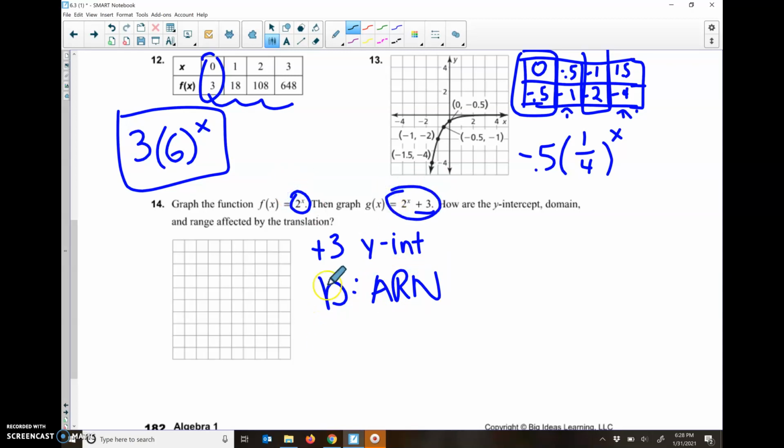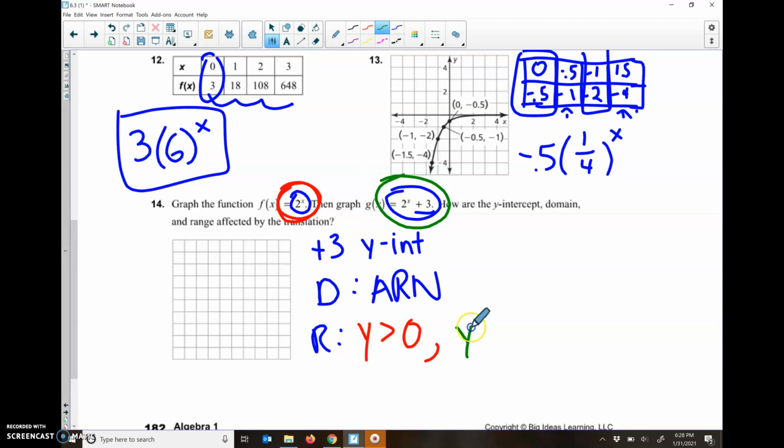The range does change, because this one has a plus 3. For this one, I'll circle it in red, my range is y greater than 0. But for this one, I'll circle it in green, since it has a y-intercept of 3, my range has to be greater than 3. So that's what that plus 3 adds.